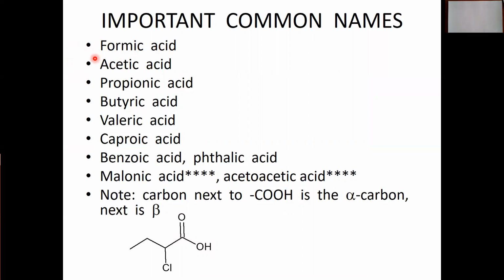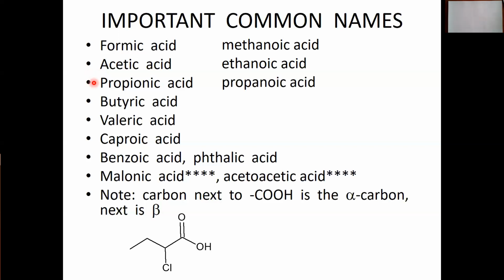Formic acid is the common name for a 1-carbon carboxylic acid. The IUPAC name for the same acid, methanoic acid. Acetic acid is the common name for a 2-carbon carboxylic acid. IUPAC name for the same thing, ethanoic acid. Propionic, I hope we're seeing a pattern. Propionic acid is the 3-carbon common name, propanoic, 3-carbon IUPAC. Butyric, 4-carbon common, butanoic, 4-carbon IUPAC.